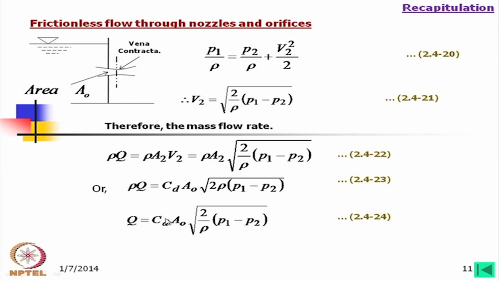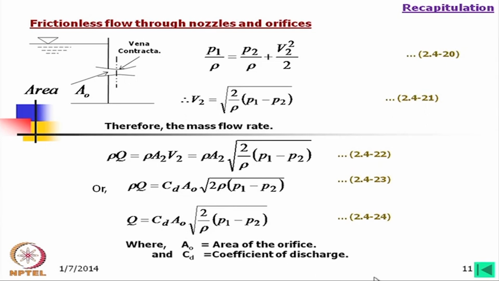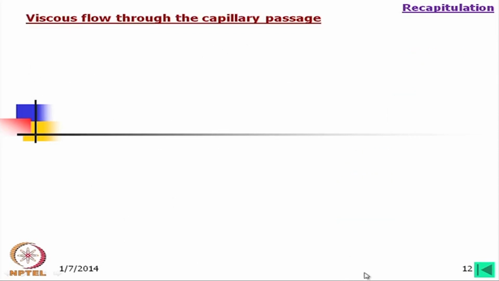In any fluid power calculation, if you face this equation and no CD is given, you may consider it to be 0.6. Here A0 is the area of the orifice and CD is called the coefficient of discharge, which again has two other components, velocity coefficient and area coefficient.